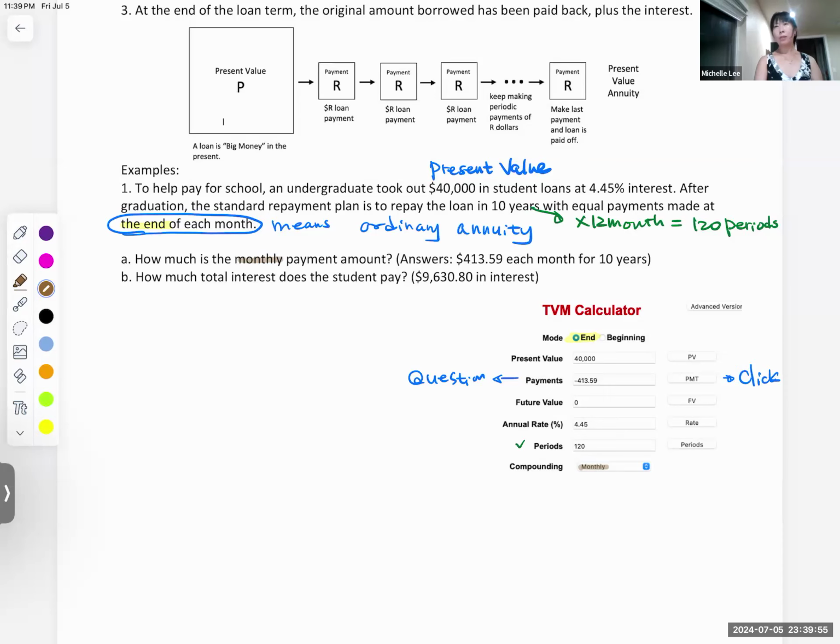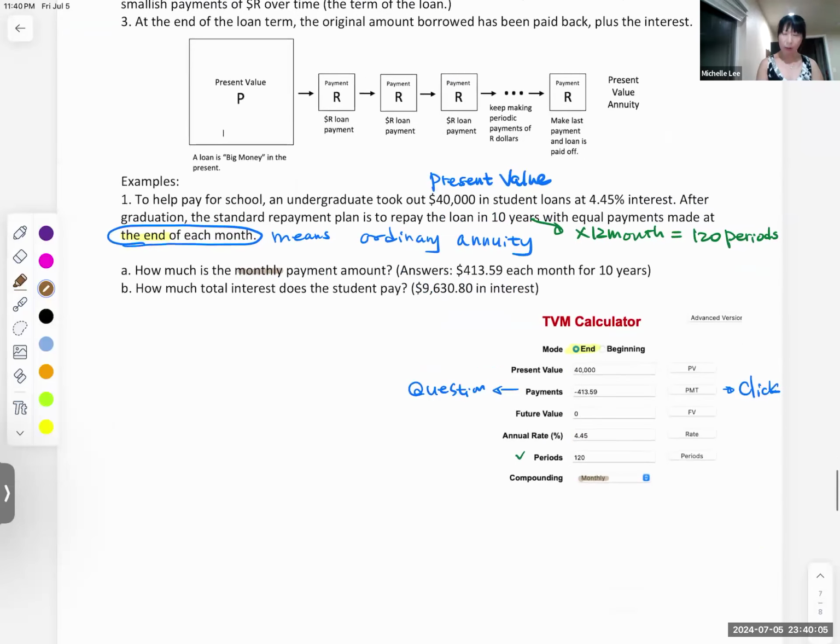Okay, now second part, total interest. Similar to the earlier one. How much total did the student pay?